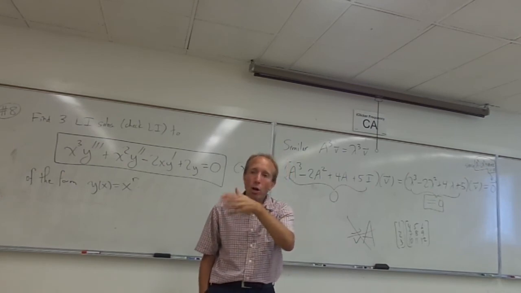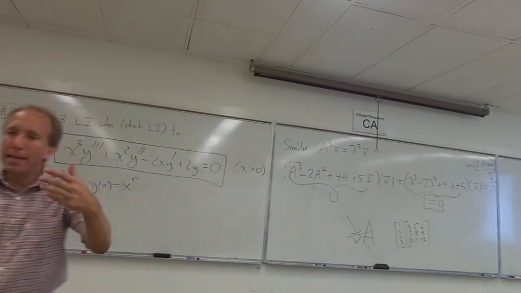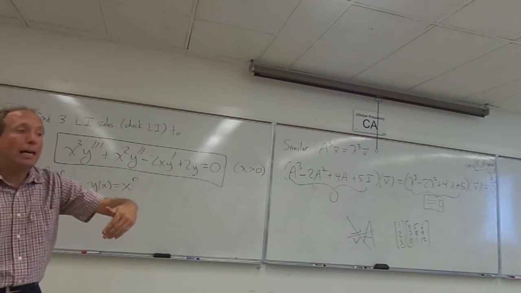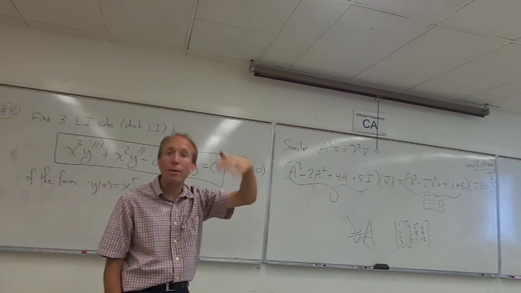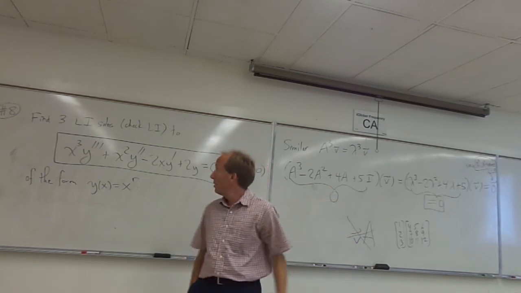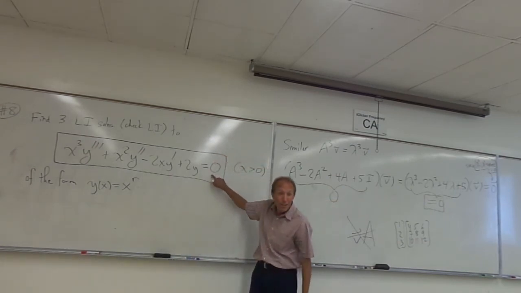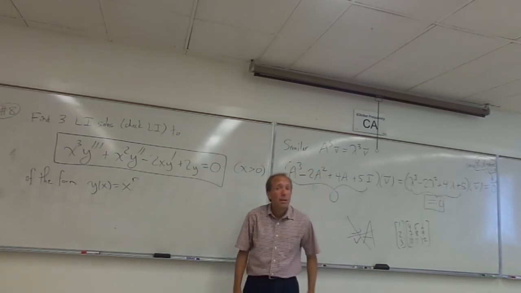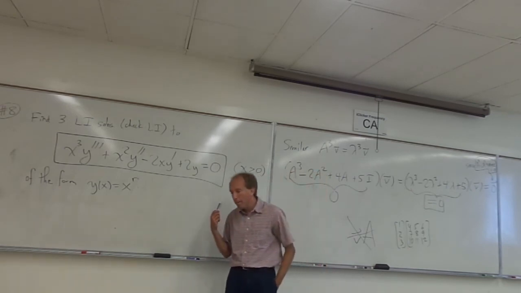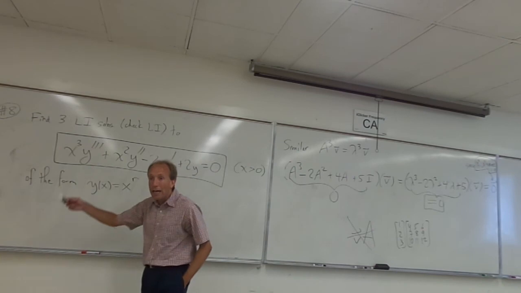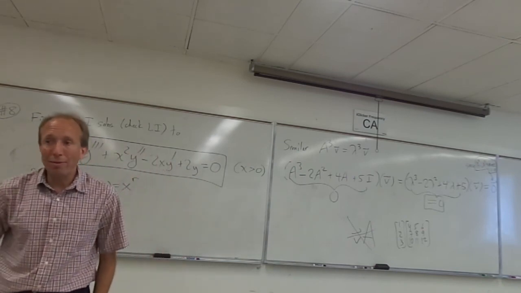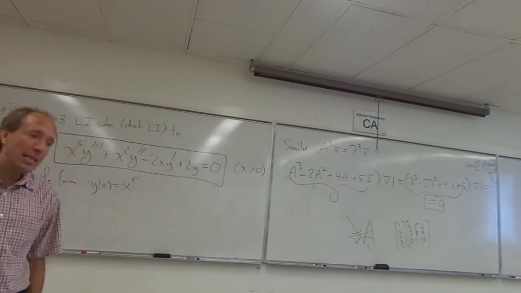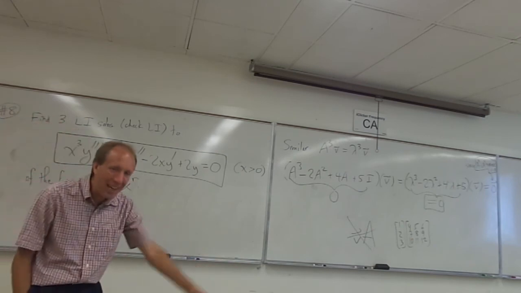If we had an auxiliary equation, we would write it down, find its roots, and that would tell us how to piece together the complementary function. By the way, this is homogeneous, so we don't have to do any particular solution here. But in terms of the equation on the left side, that's not something we've studied. It actually is in the book, it's just in a section we didn't cover.